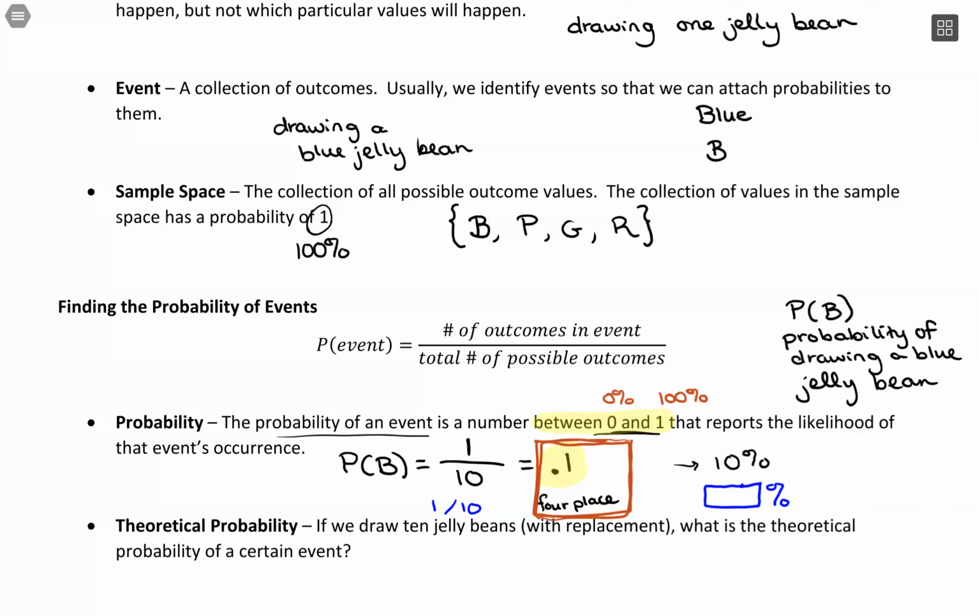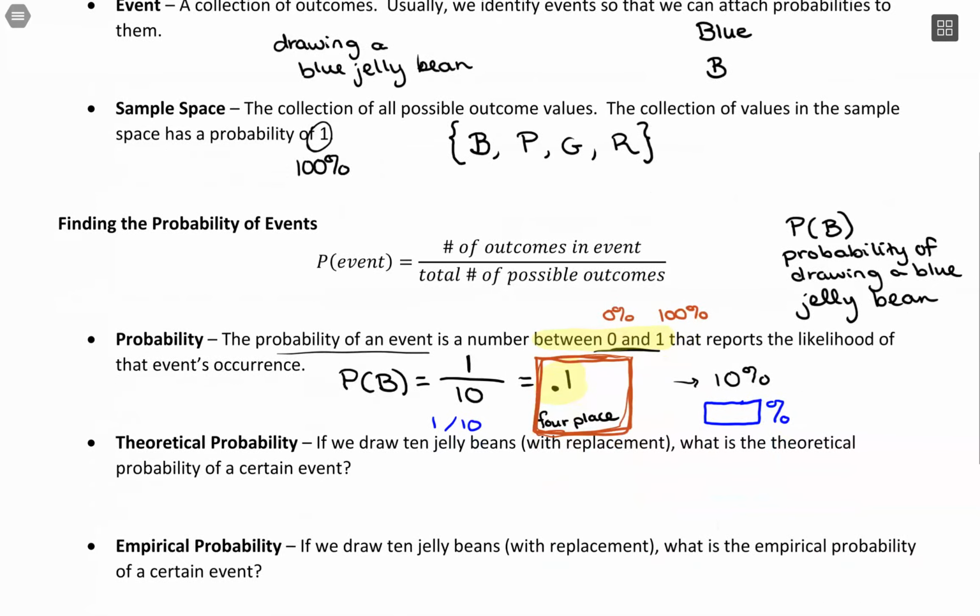Now, for rounding, it's operating to 4 decimal places. So be sure to be accurate to 4 decimal places unless it specifies otherwise. They might say round to 3 decimal places, round to 2, and adjust as they ask. But if they don't say anything about formatting with questions on probability, decimal form to 4 decimal places will work with MyOpenMath.